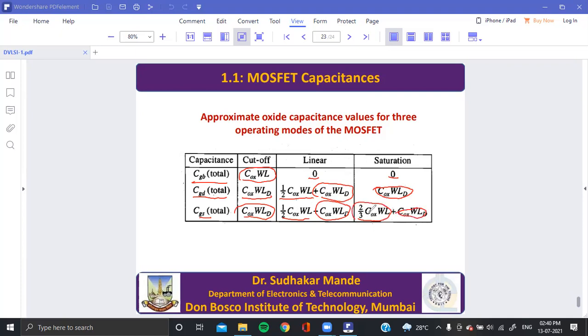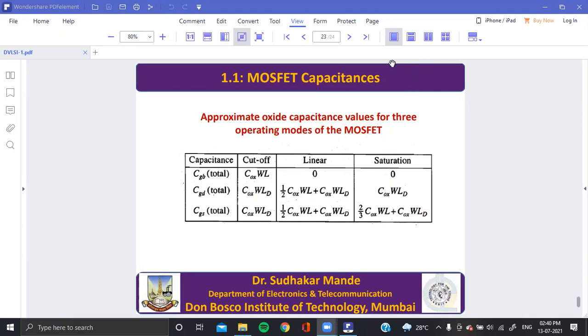In this way, these are the capacitances. The overlap capacitance is bias independent, while the rest of the capacitances are bias dependent.